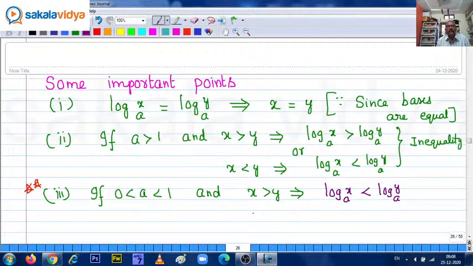Now x less than y is there, or log x to the base a greater than log y to the base a. This is also an inequality. So these are the important points you need to remember.